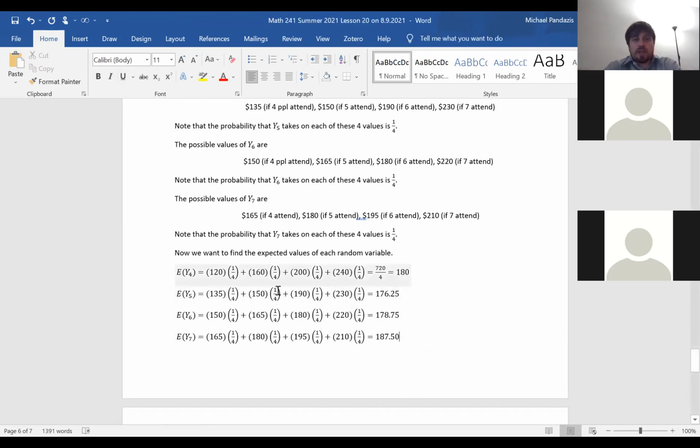Okay, and so now you compare each of these 4 expected values, and you see that the smallest one is 176.25. That's E of y sub 5.